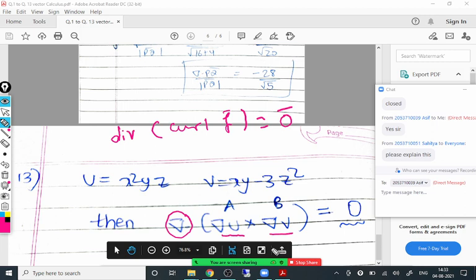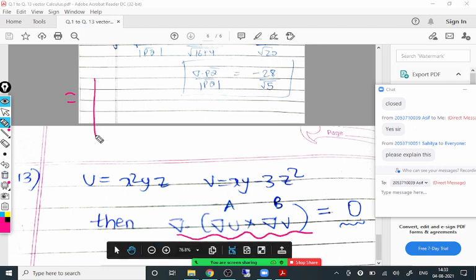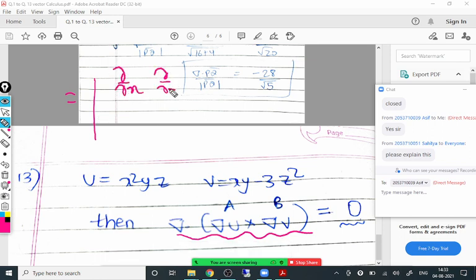So one way, yes, you can write it in box product form, or you can write it in determinant form. There are multiple ways to complete it. One way is that this LHS can be written as a determinant. First row: dou by dou x, dou by dou y, and dou by dou z. These are the components of the del operator.